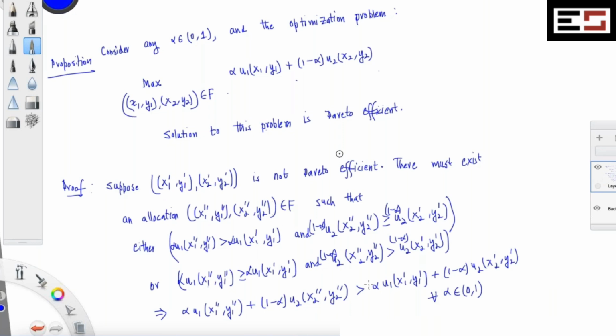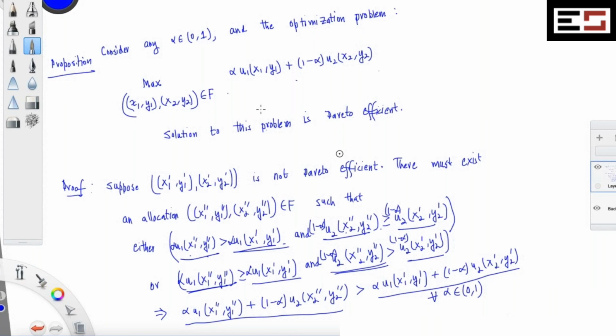by this very simple set of arguments. Okay, so this is something that we'll use and solve this optimization problem. Please note that even though I've written alpha, 1 minus alpha, you can also write alpha, beta if you wish. It's the same thing, because you're just maximizing this whole thing.